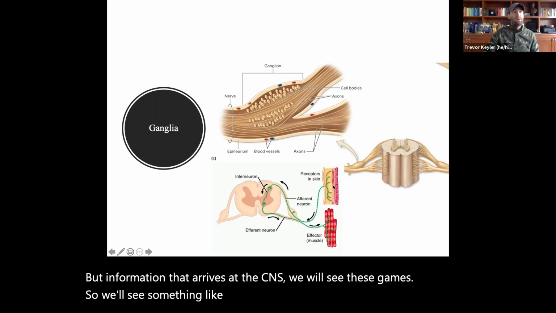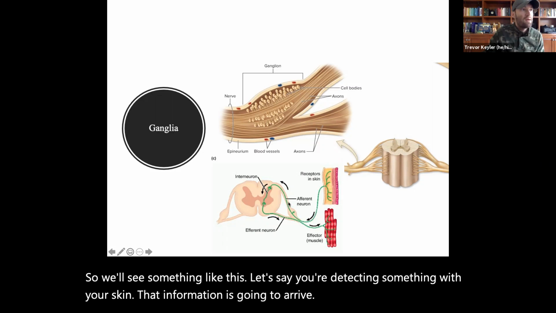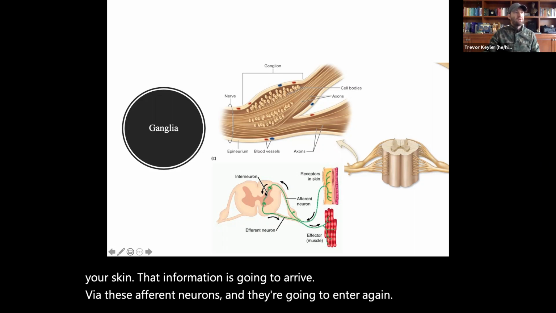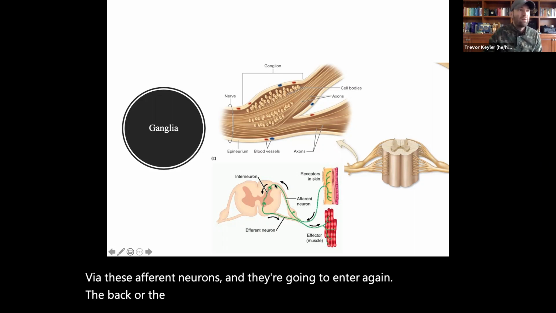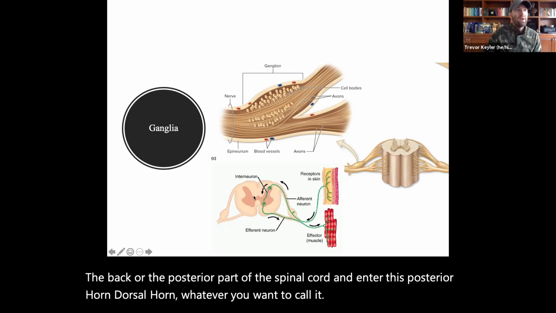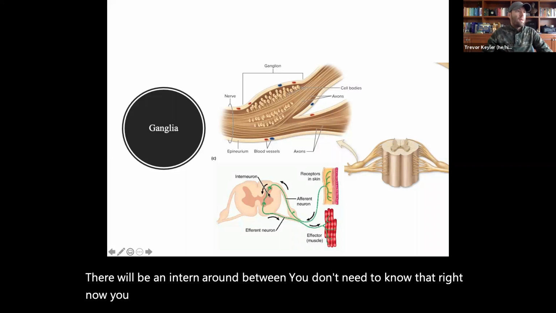Let's say you're detecting something with your skin. That information is going to arrive via these afferent neurons, okay? And they're going to enter again the back or the posterior part of the spinal cord and enter this posterior horn, dorsal horn, whatever you want to call it, okay? There will be an interneuron in between. You don't need to know that right now. You will for lecture, okay?